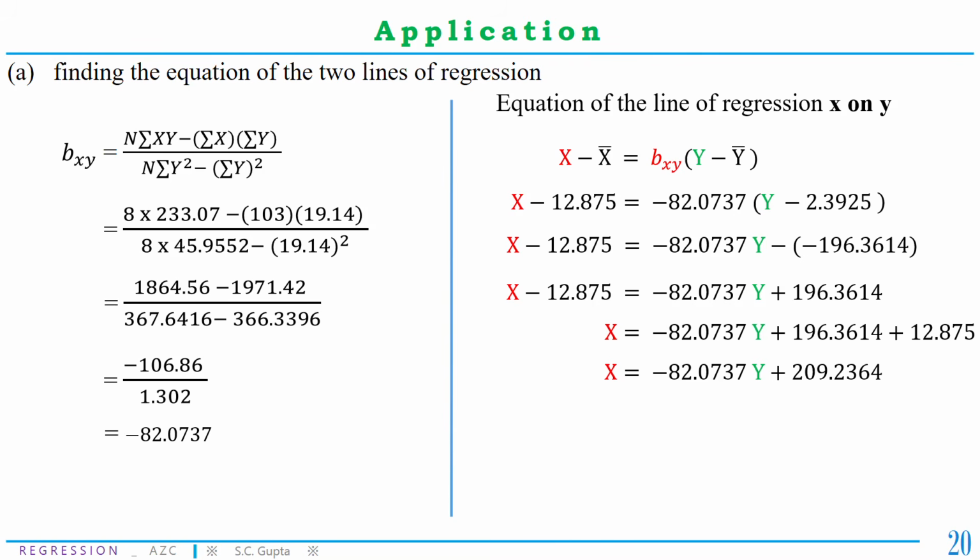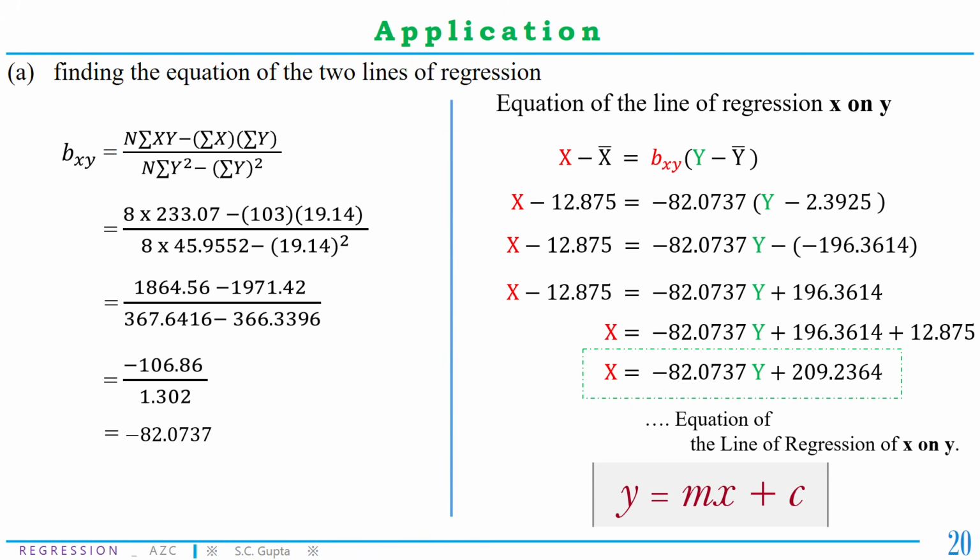The equation now resembles y is equal to mx plus c, equation of slope-intercept form. Here, in the equation of the line of regression of x on y, minus 82.0737 is the value of slope, and 209.2364 is the value of intercept.